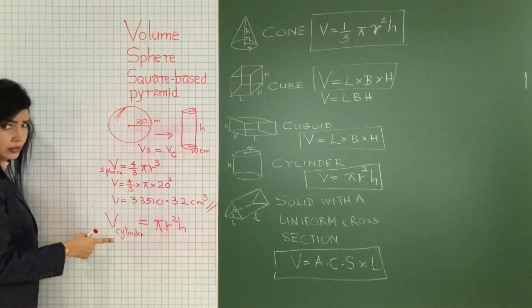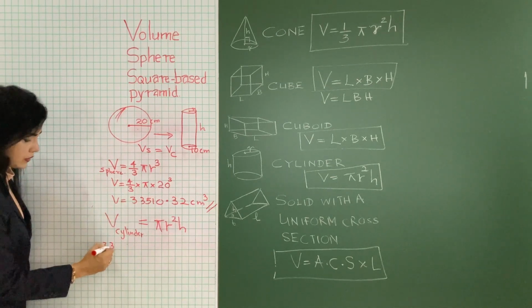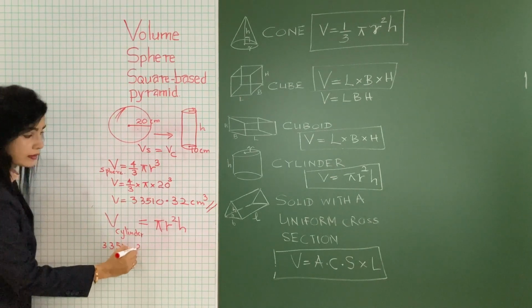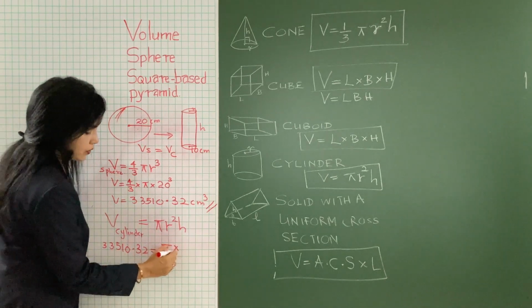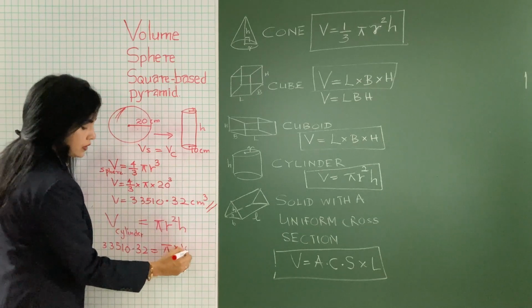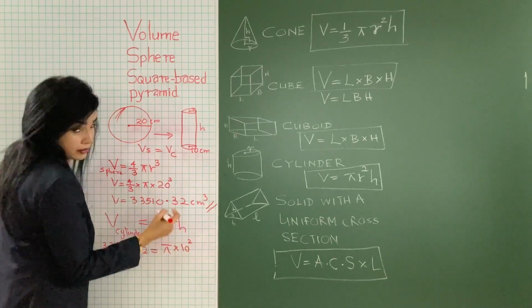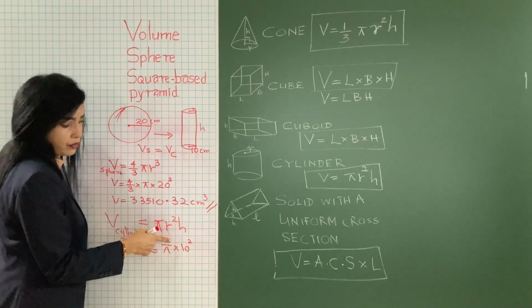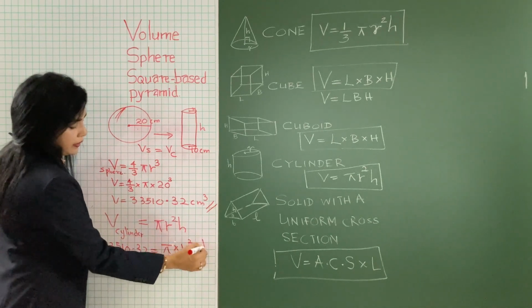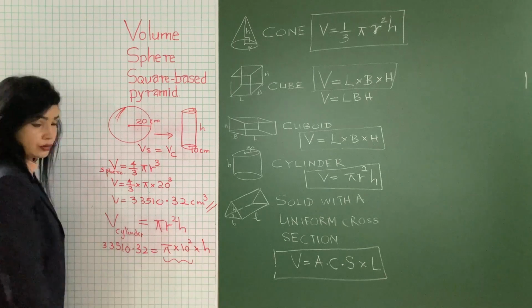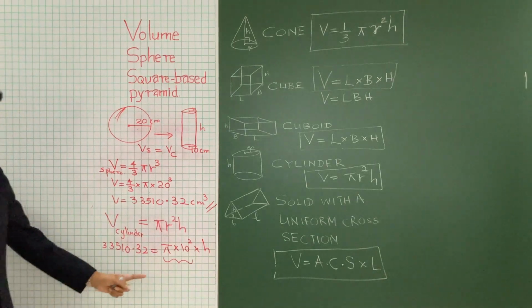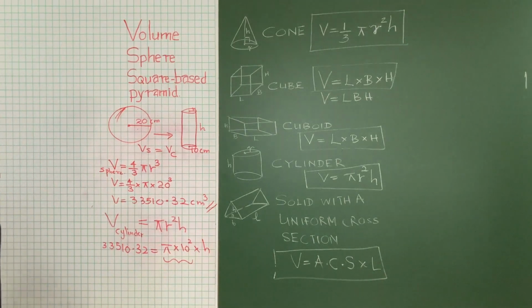What is the volume of the cylinder now? We already know that 33,510.32 is equal to pi into, we know the radius, which is 10 square. H is unknown. So what is the value of these two? Please calculate and let me know. Yes?